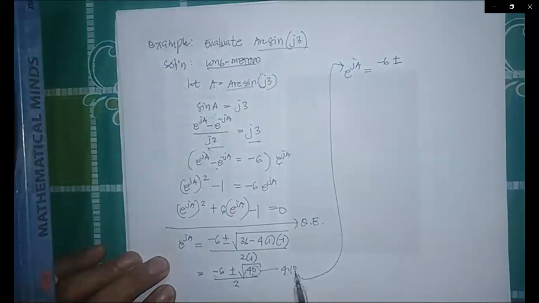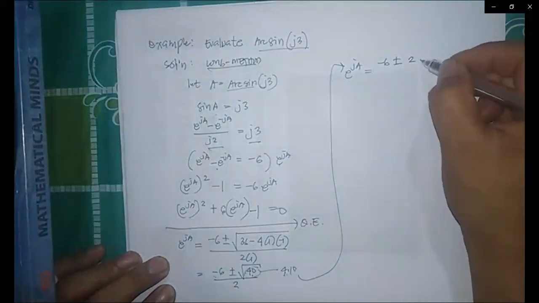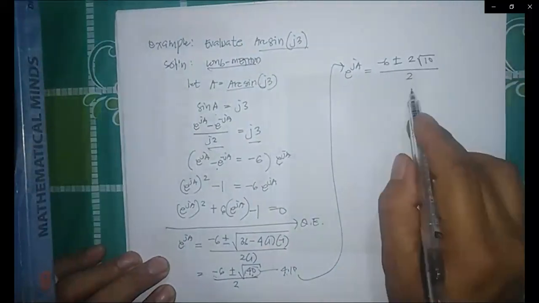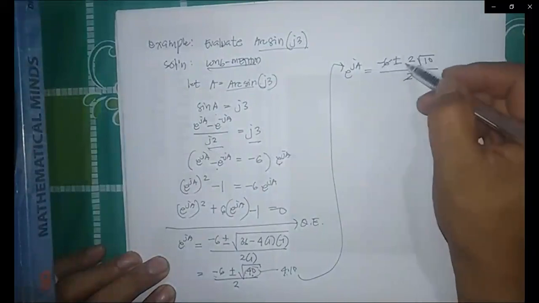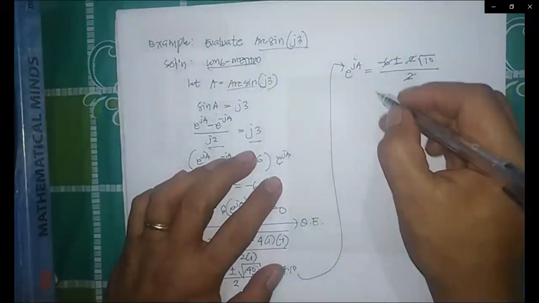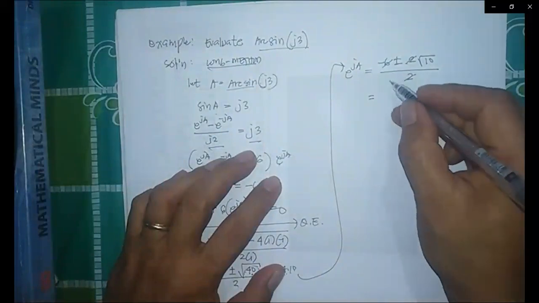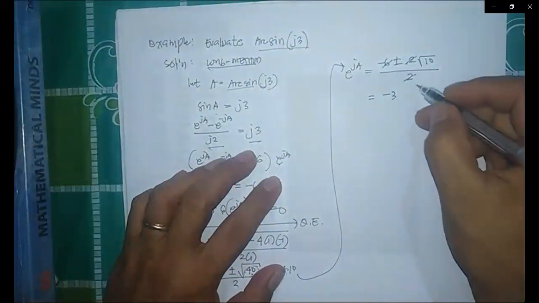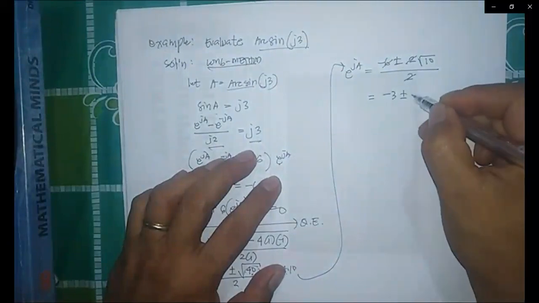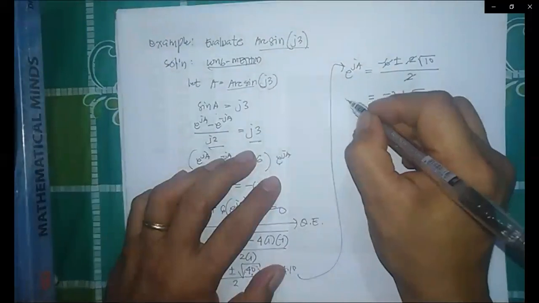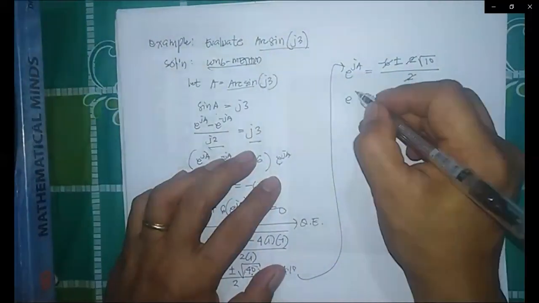So if we take 4 outside the square root sign, that will become 2, and the square root of 10 will remain inside. By dividing the numerator by 2, this will become minus 3 plus and minus square root of 10. That is now the value of e raised to ja.